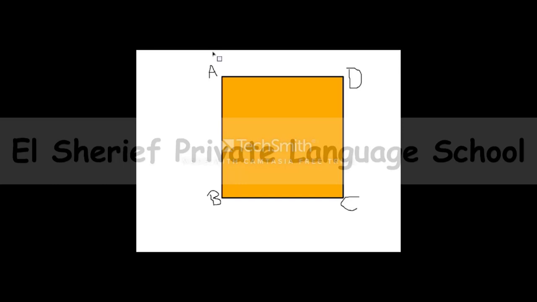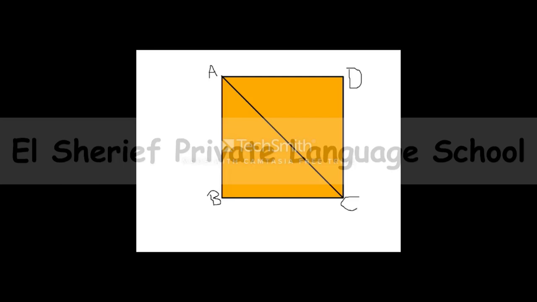But if I join 2 non-consecutive vertices or 2 opposite vertices like A and C, like that, now I have line segment AC. Now AC is not called side length but is called diagonal.